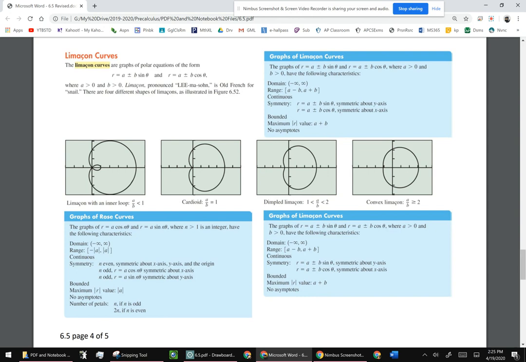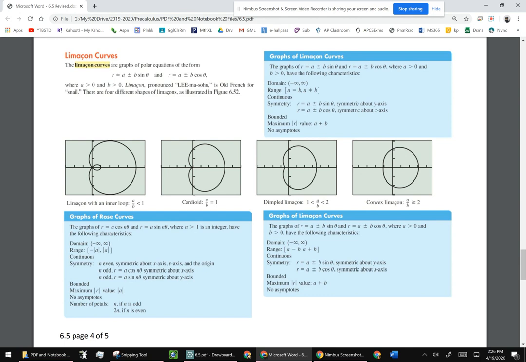And notice the range for these. If A is less than B or whatever the case may be, you're going to get a different range. But basically, take your smallest radius and your biggest radius, and that basically becomes your range. Domain is all real numbers.